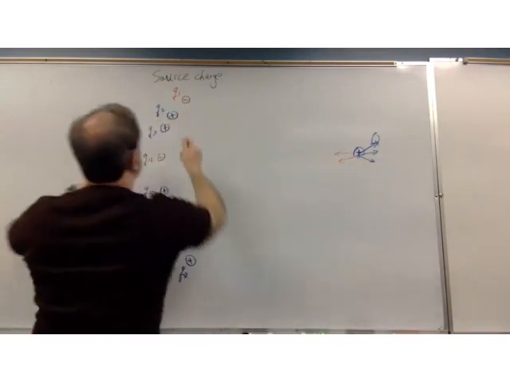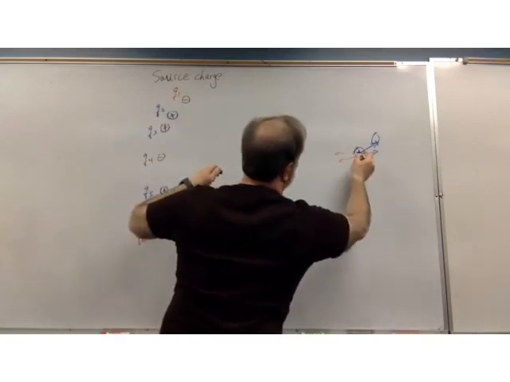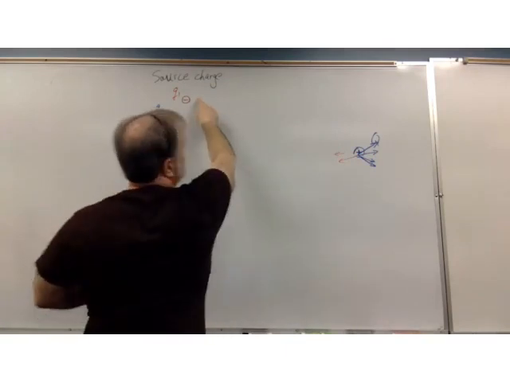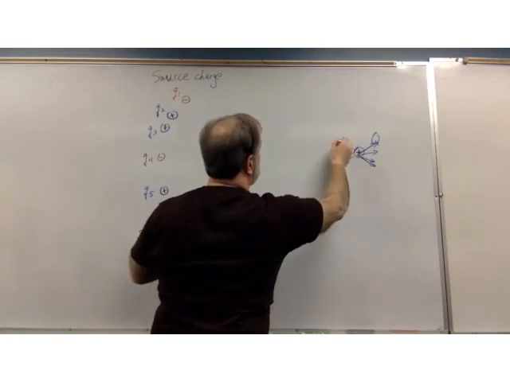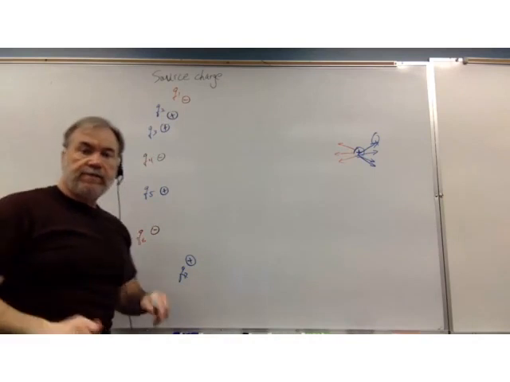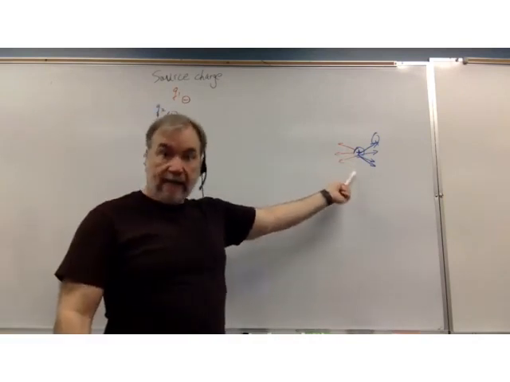Okay. And then Q2, radially along, sort of like that. And finally, Q1 is going to point radially along, but pointing toward the negative source charge. Okay, and so all 7 of those are electric field vectors at this point in space.